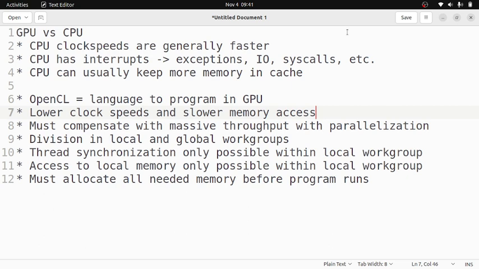Now, if we go into the GPU side, we now usually use OpenCL to program it, so how did OpenCL come about?